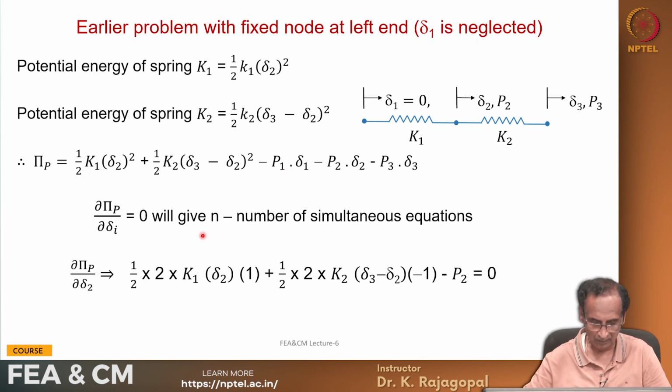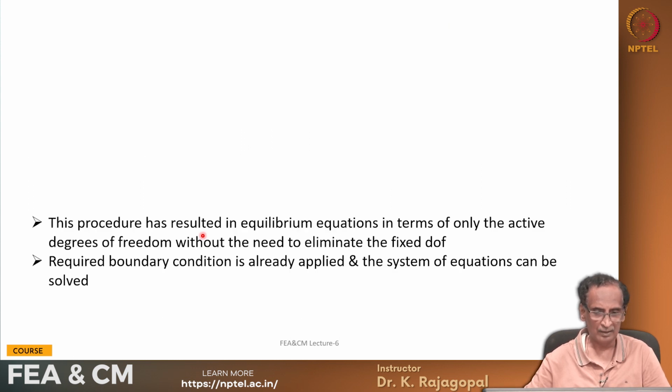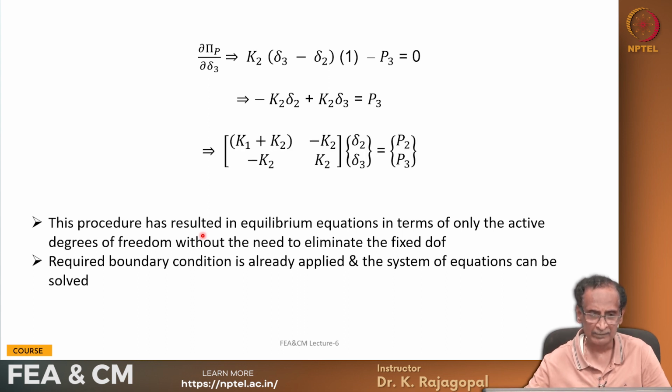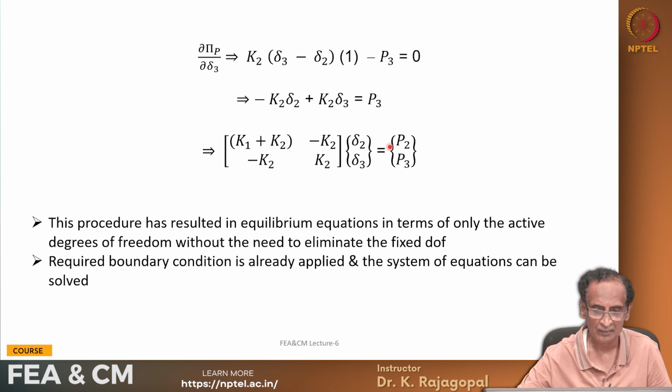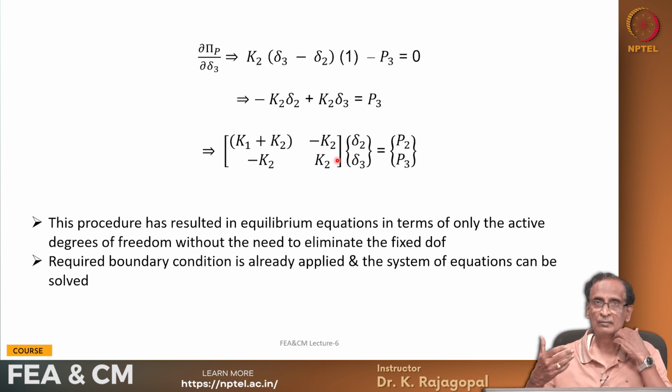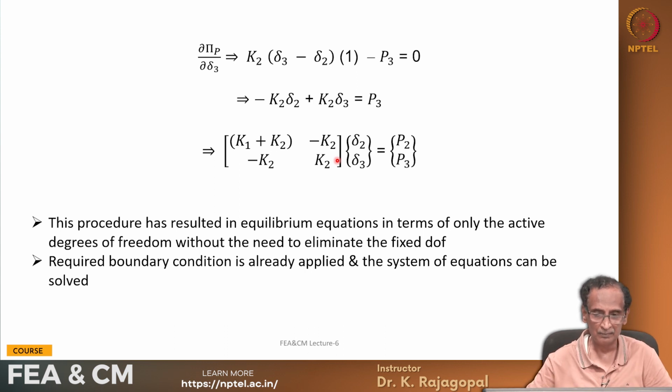And so, dou pi by dou delta 2 and then dou pi by dou delta 3 will give us some other equation, and now we get only a 2 by 2 equation in terms of delta 2 and delta 3 and p2 and p3. And this matrix has got an inverse because its determinant is not 0, okay. And so, directly we were able to get our equilibrium equations without needing to modify the equations for a fixed degree of freedom.